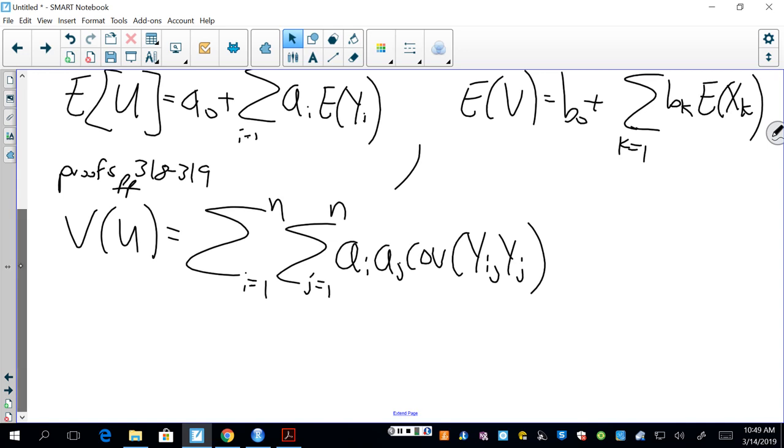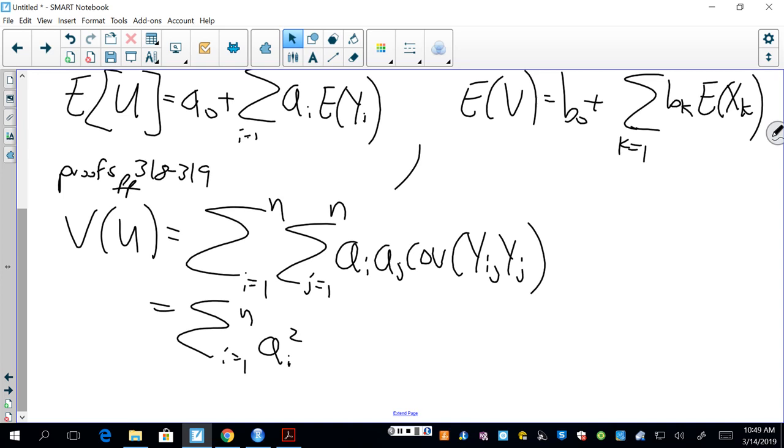Another way of writing this is, well, we can consider the cases where I equals J. You get an AI squared if it's the same one there. And I didn't mention it before, but the covariance of a variable with itself is actually variance, right?